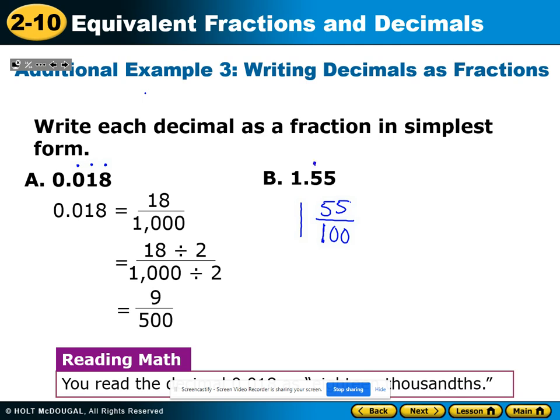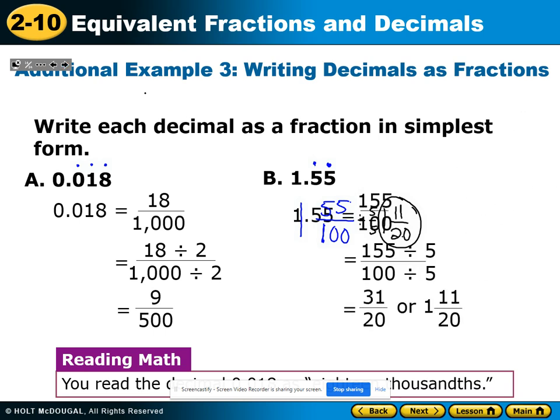Because tenths, hundredths. I see I can divide by 5 over 5. 11 over 20. So, 1 and 11 twentieths. Don't forget to keep that whole number with it. Let's see how we did. 1 and 11 twentieths.